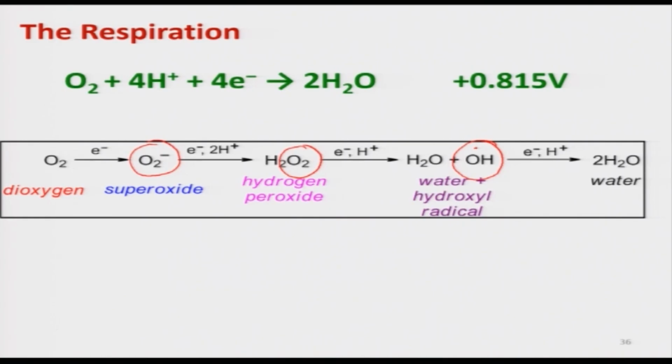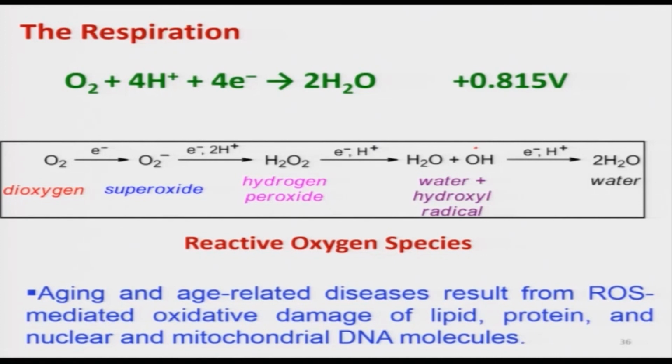So, unless you give 4 protons and 4 electrons all at a time, it invariably produces, even if in small amounts, some of these intermediates, and these intermediates are highly poisonous in the biological system. They are called biological poisons, because they produce uncontrolled reactions.